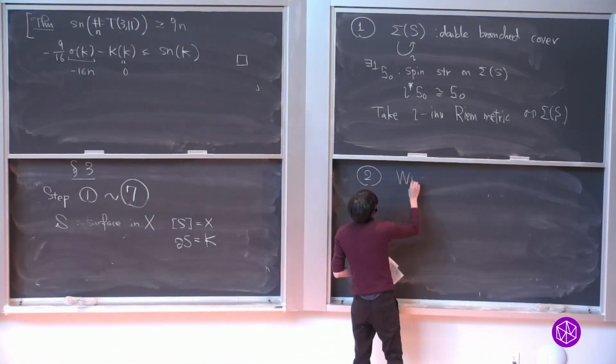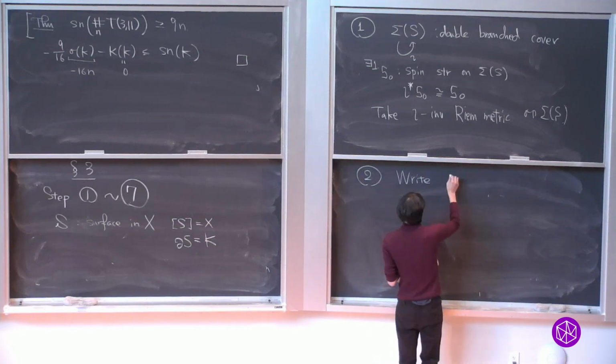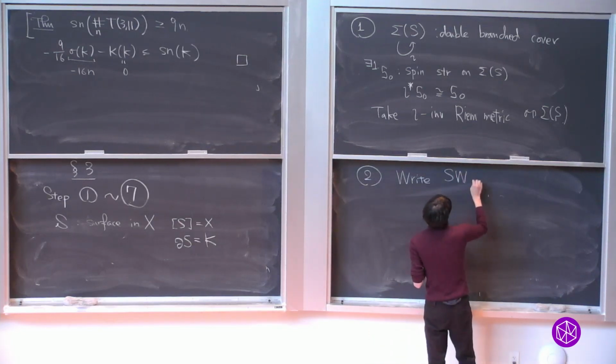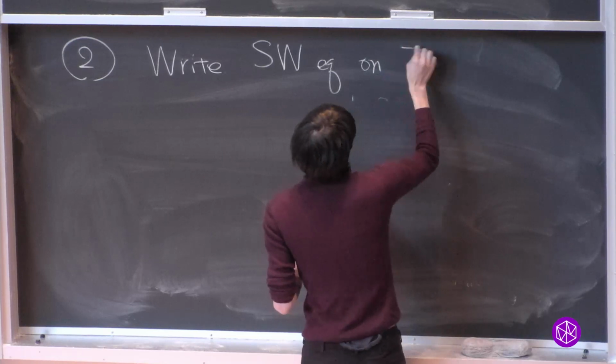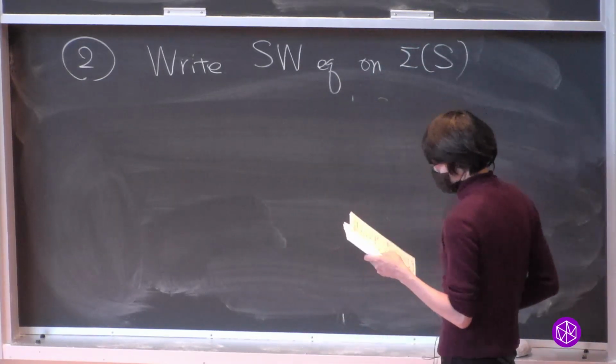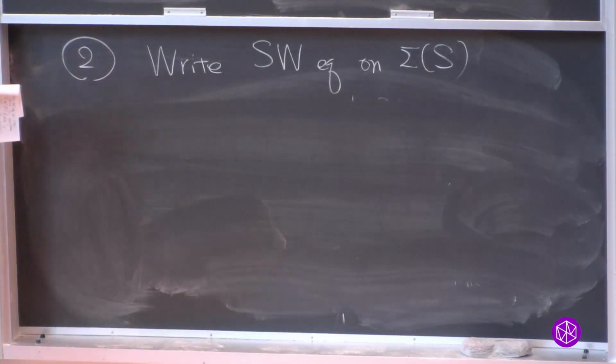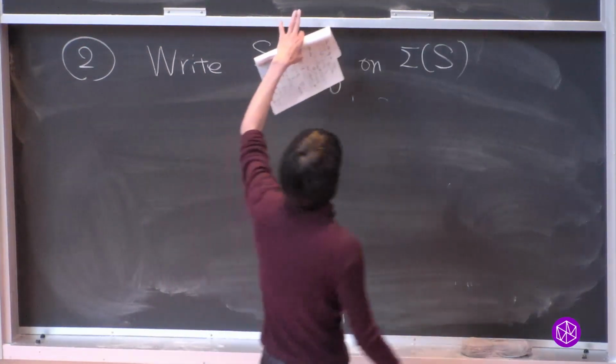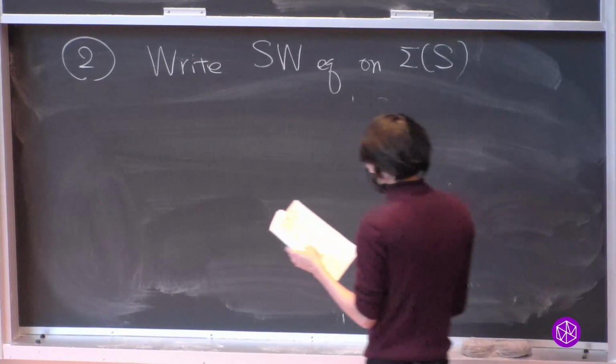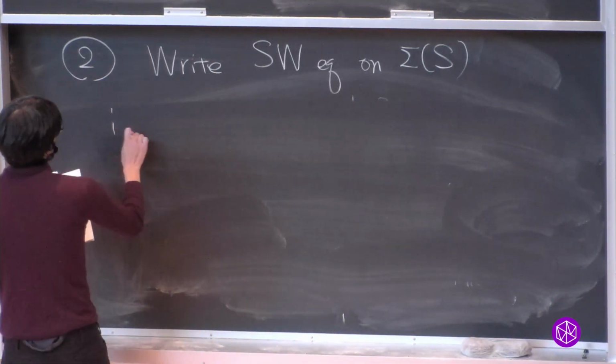And in the second step, just write down the Seiberg-Witten equation on the double branched cover. So this is a map. Let's fix the spin connection. The spin connection is determined by the Riemannian metric. And let's write down the Seiberg-Witten equation.